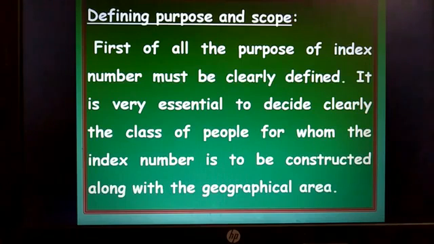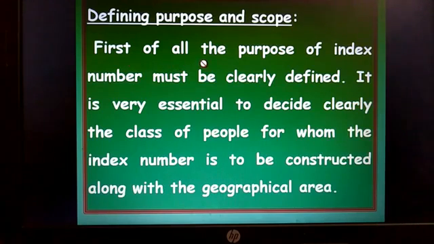For what exactly we are in need of constructing the index number, I mean to tell consumer price index number, and what is the scope for it, what is the intention behind, which group is under our study. All such aspects may have to be defined before constructing index numbers. So defining the purpose and scope is first step.